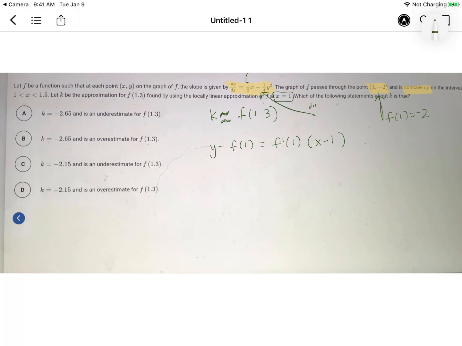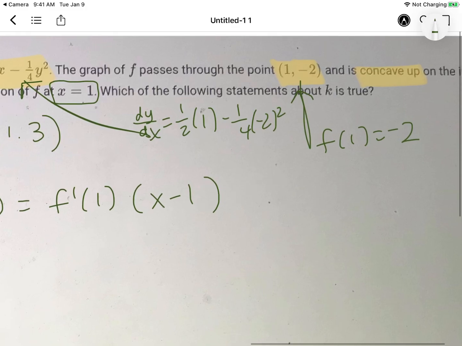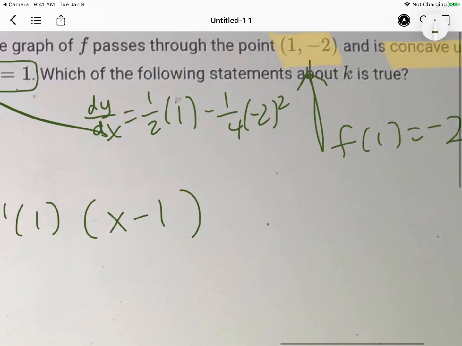So I know that dy dx equals 1/2 times 1 minus 1/4 times -2 squared. I'm really cramped, sorry, but I'm plugging in 1, -2. And if I do some mental math, I get 1/2 minus 1, which is -1/2. So my slope is -1/2.